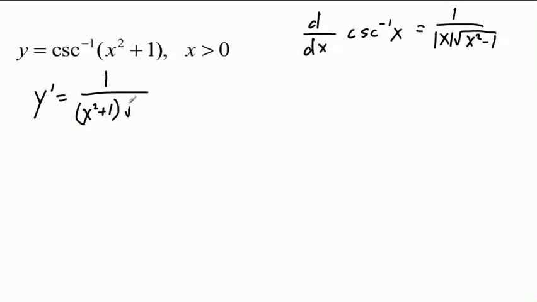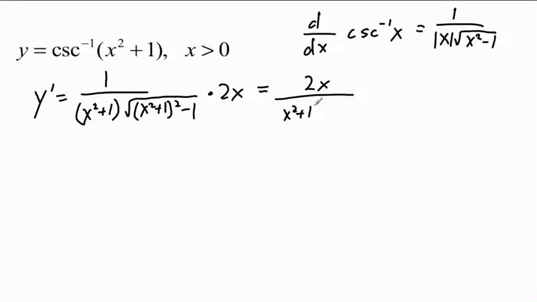And then we do the square root of x squared plus 1 squared minus 1. And then I need to multiply by the derivative of the inside, which is going to be 2x. Well, this is going to be 2x over x squared plus 1.